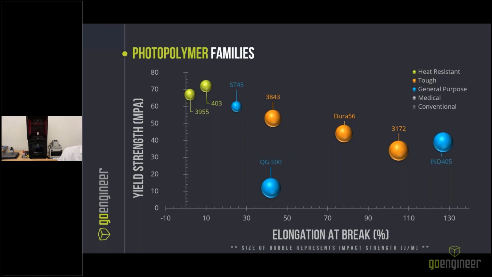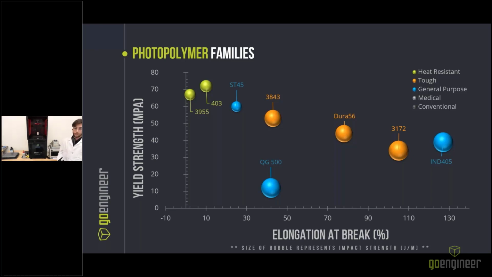As we look from left to right, we can see that we have very high stiffness polymers working into more flexible and energy absorption materials. 3172 has an extremely high impact strength of over 70 joules per meter with an elongation at break of over 100%.